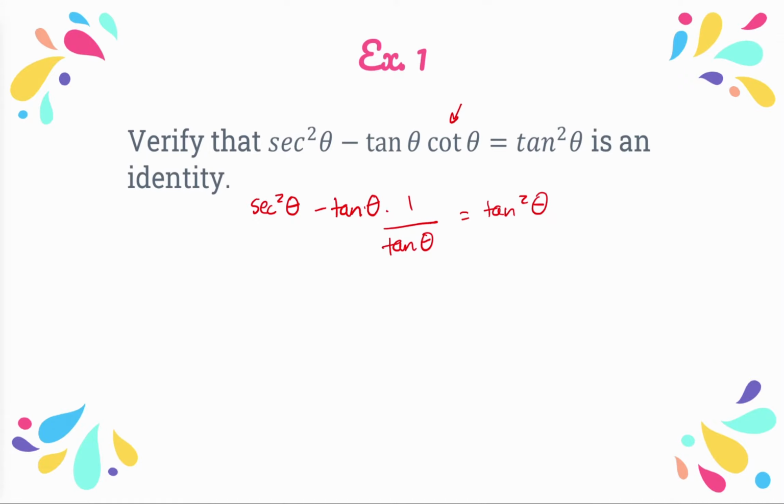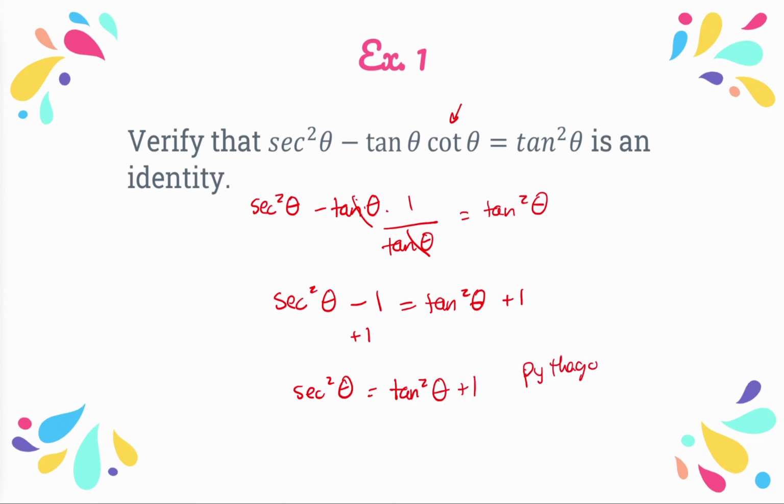And so when we multiply tangent theta by 1 over tangent theta, our tangent thetas cancel out, and this gives us secant squared theta minus 1 equals tangent squared theta. If we add 1 to both sides, we get that secant squared theta equals tangent squared theta plus 1, which is a Pythagorean identity. And we know that our Pythagorean identities are true, so this is verified.